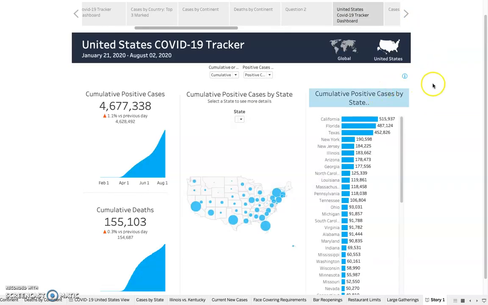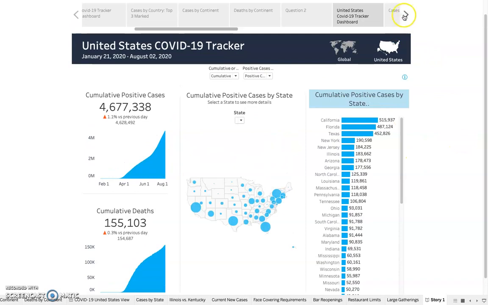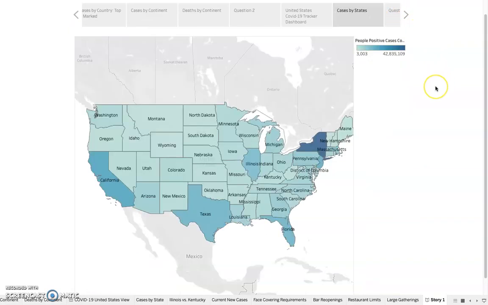Actually, this is just the COVID-19 tracker dashboard, another interactive dashboard that can give you a little bit of everything on one thing. And then I made another interactive map, which shows which states have higher cases, and it appears that the states with the highest number of cases include California, Florida, Texas, New York, New Jersey, and Illinois.